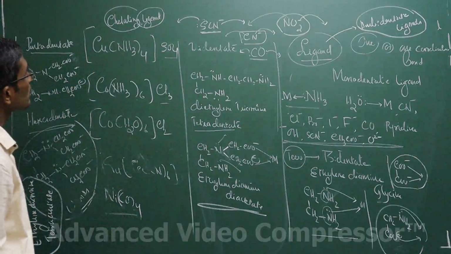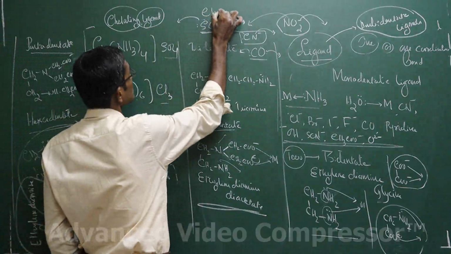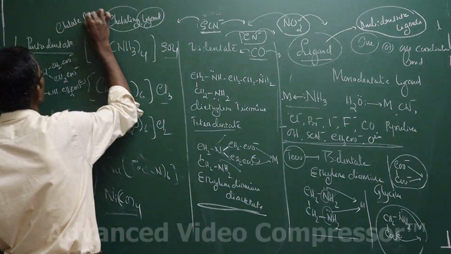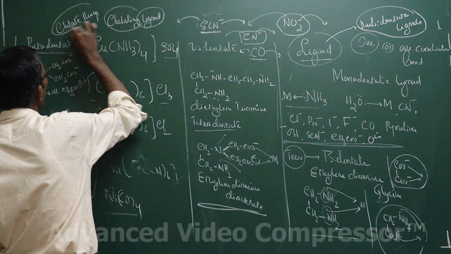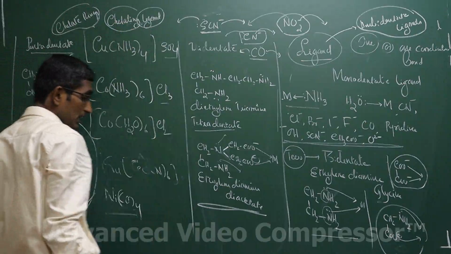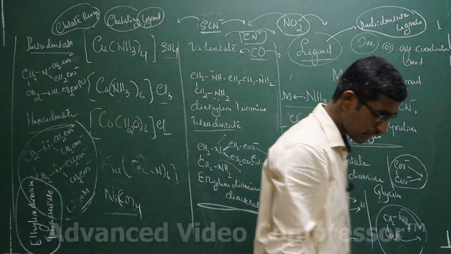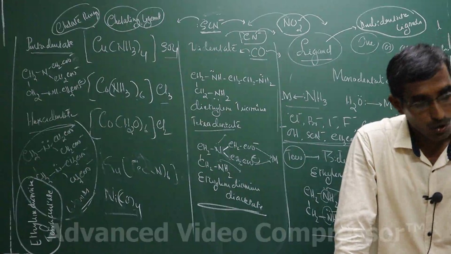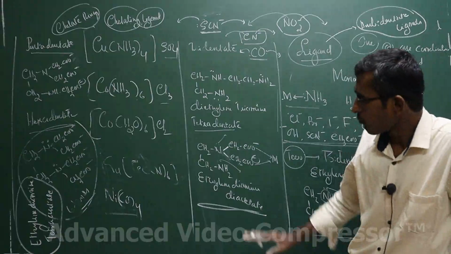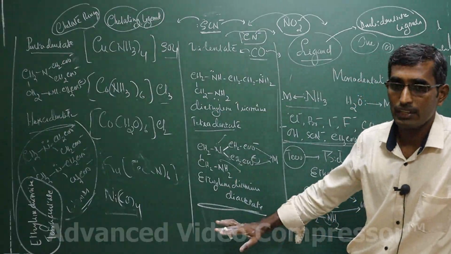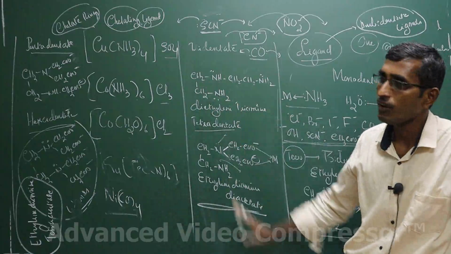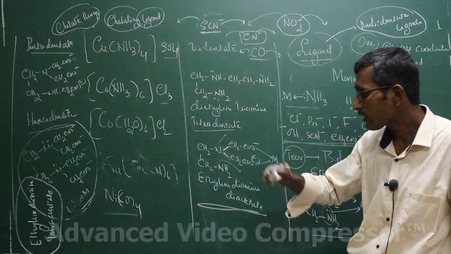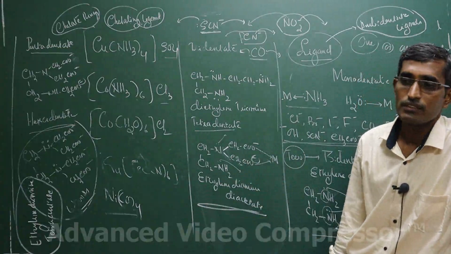Such rings are called chelate rings, and such ligands are called chelating ligands. So what are chelating ligands? Chelating ligands are ones which make chelate rings with the central metal ion. Or I can say all bidentate and polydentate ligands are examples of chelating ligands, because all of these will make a ring-like structure with the central metal ion.